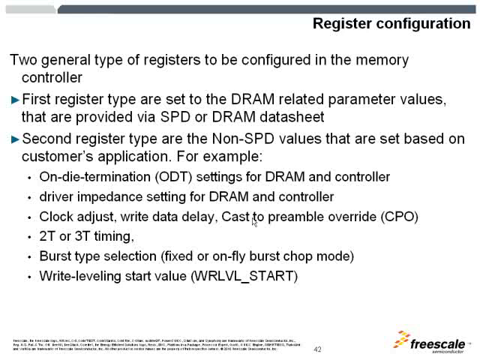Here we have the on-die termination, driver impedance, clock adjust, write data delay, CAS preamble override values, or the 2T, 3T timings, whereby you are sending the address and command in 2 clock cycles to increase your address and command timing margin.